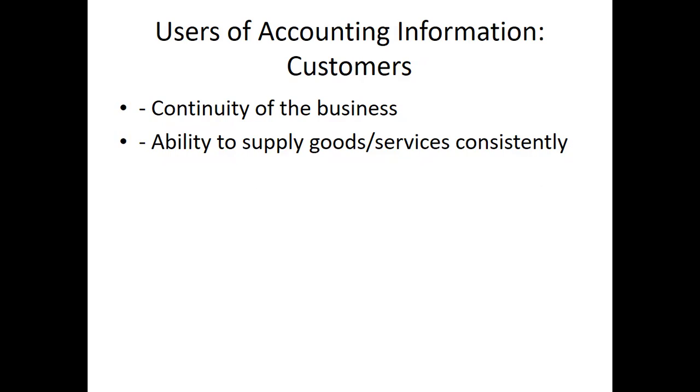So they want to know if this business will continue, so that you don't waste your time coming to that place. If they are losing their returns or incomes, that is not a good going concern. Customers also want to know if the business has the ability to supply goods or services consistently, so that when you come, you get your goods consistently, not that you wait for them to be delivered in a week or 2 weeks.